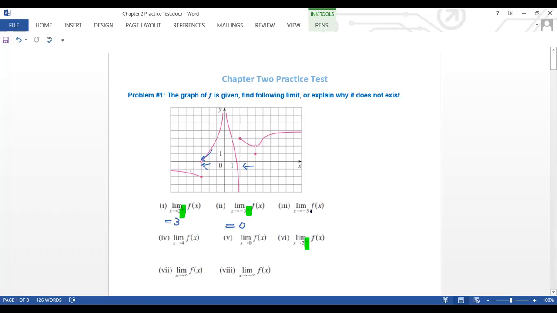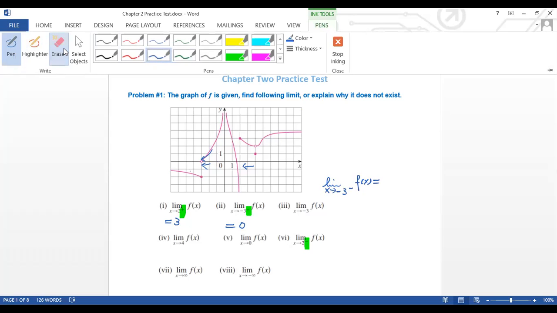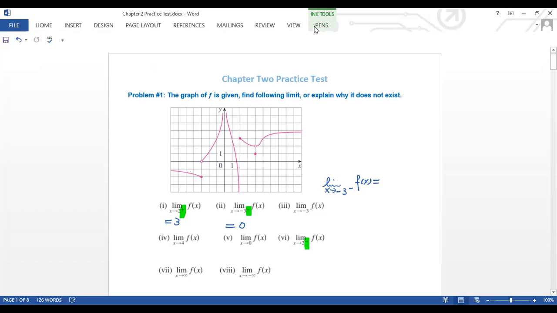Okay, so now let's say number 3, hey, what is the limit as x approaches -3? So I know we need to have both. So that's why I say, okay, let's take a look at the limit as x approaches -3 from the negative side here. If you approach -3 from the left-hand side, that means this is -3, right? So you go here, you approach from this way.